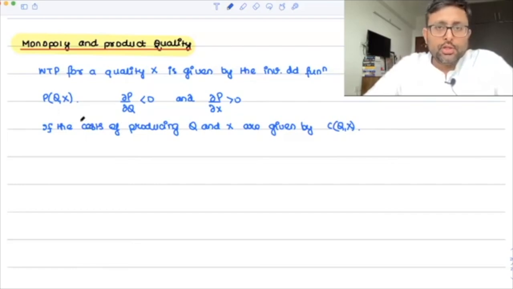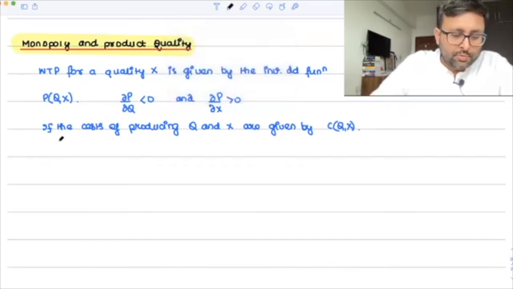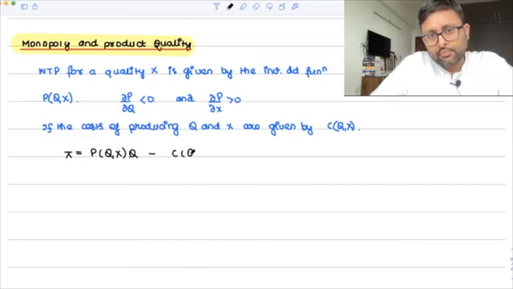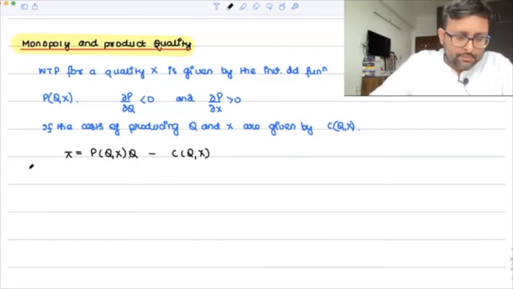So there are two endogenous variables for the monopoly. Monopoly can choose the quality, monopoly can also choose the quantity. So the profit maximization is going to be like this. Price into quantity minus cost. This is your revenue, price into quantity. Price is a function of Q and X into quantity, minus C as a function of Q and X.